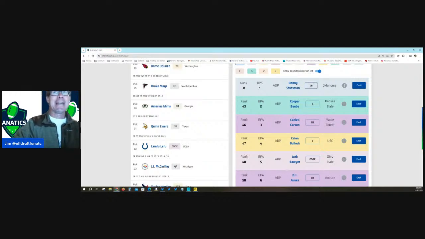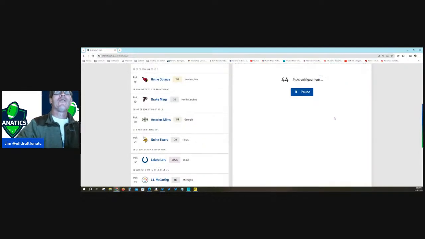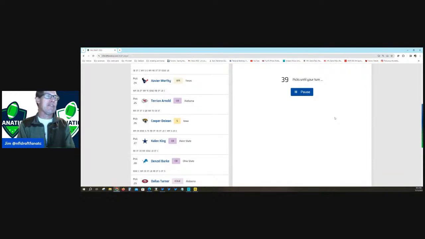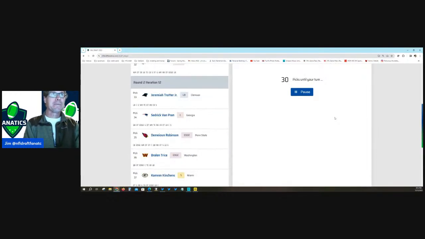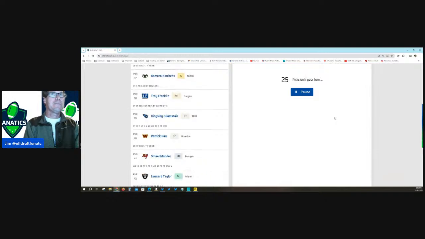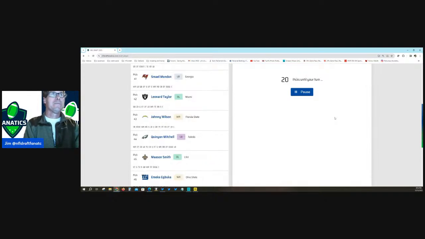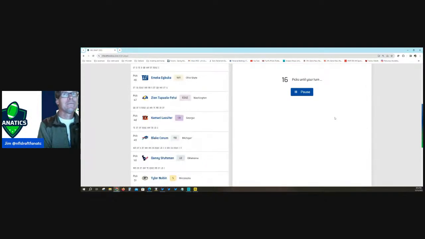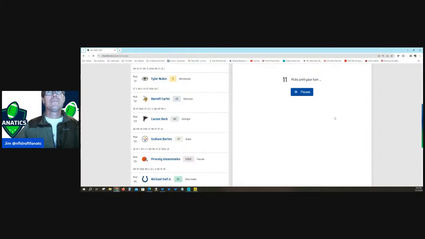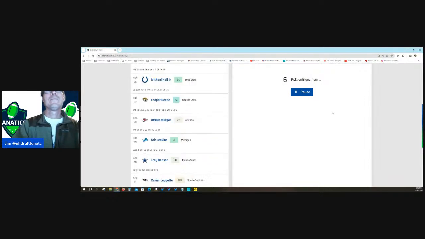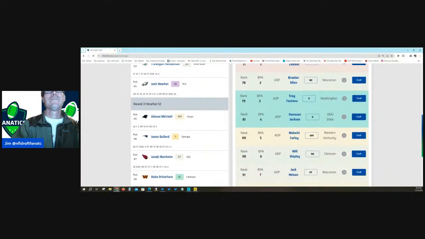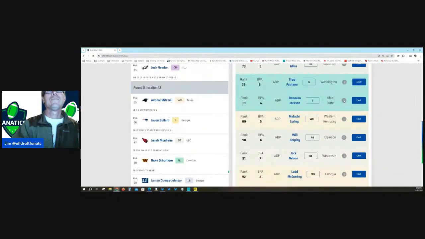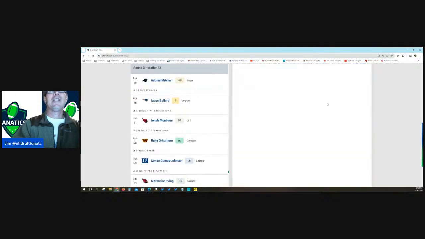And I have to make a conscious effort to do that so that anybody else that's doing a simulation gets a competitive pick from Houston. Donovan Jackson.